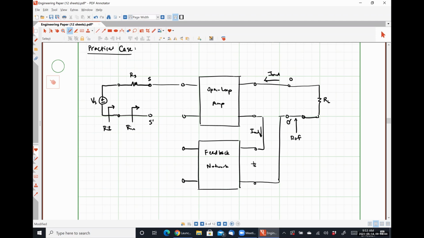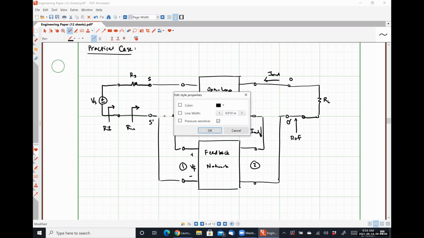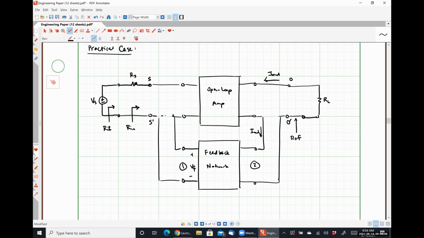This is port 2 of my feedback network. This is port 1 of my feedback network. And there we go. This is my voltage V sub F. Let me see if that error message pops up again and I have to save and restart. It's looking okay. I'm just going to go ahead and save just in case.